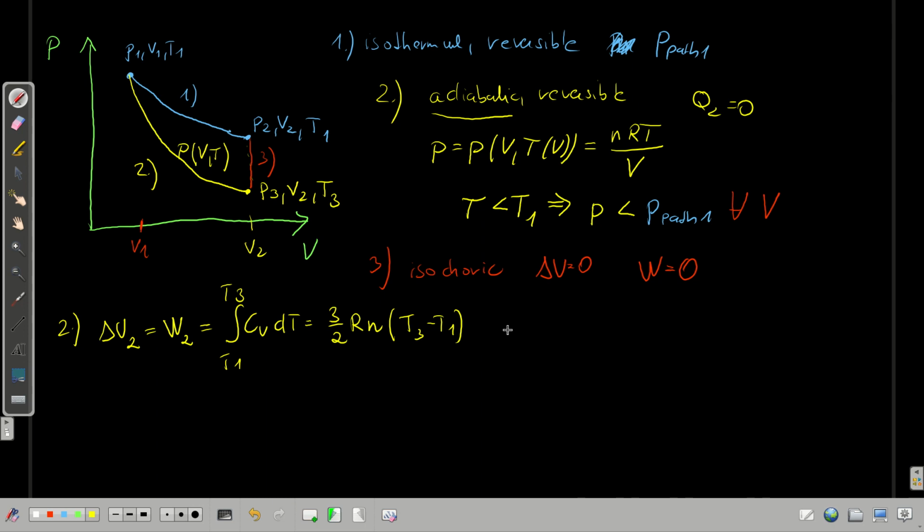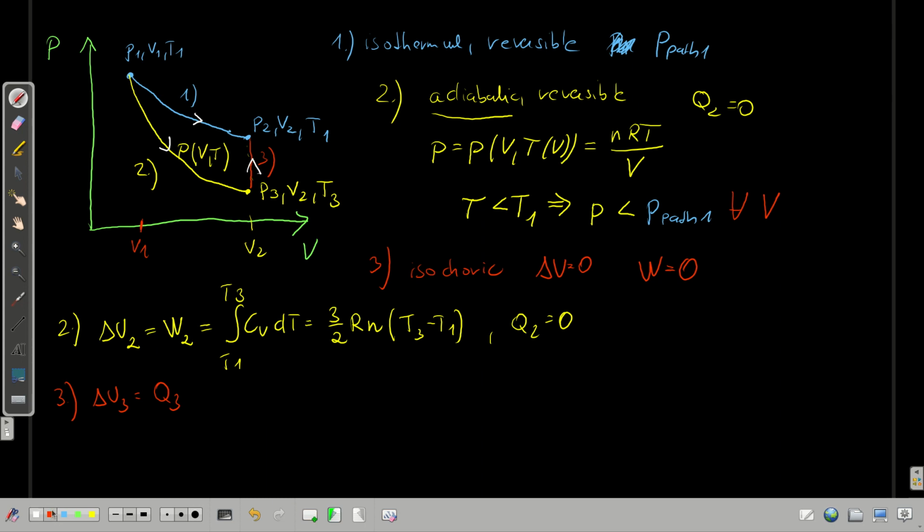And again here Q2 is 0, and for the isochoric process delta U3 equals Q3, the heat exchange during the third process. And one thing I forgot, I draw also arrows denoting in which direction we go in the diagram.